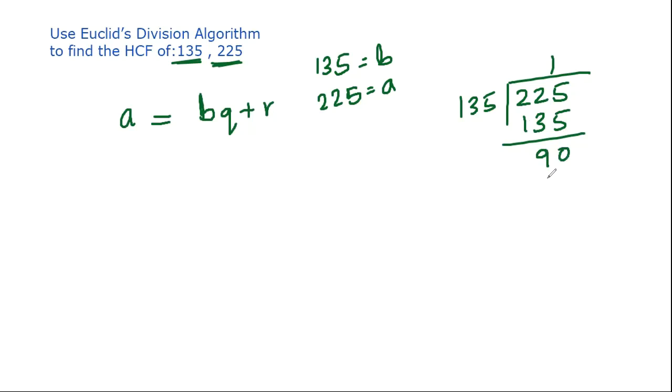So 90 is the remainder here, so we can write 225 is equal to 1 times 135 plus 90.